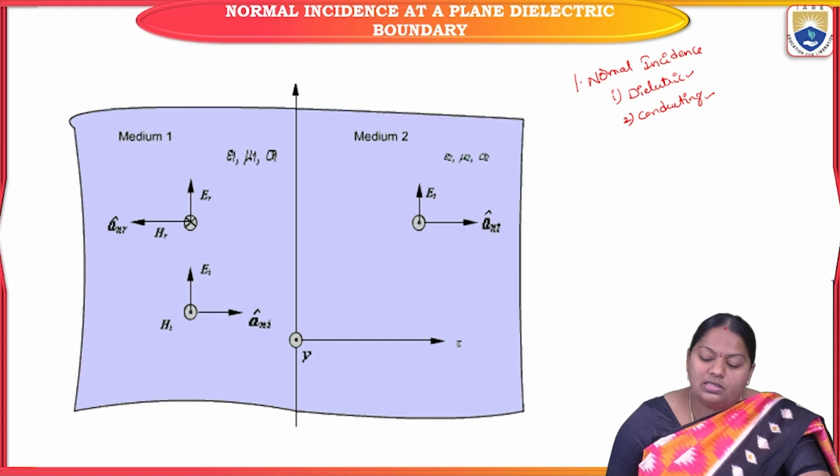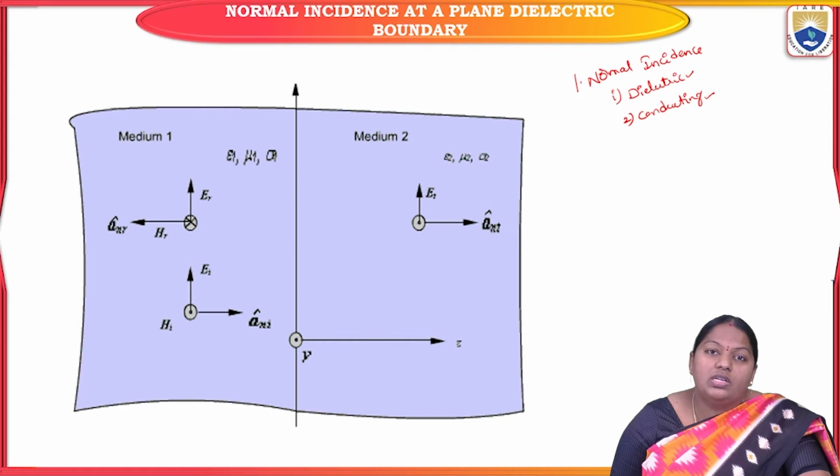Before discussing the conducting medium, firstly we are going to learn about normal incidence at a plane dielectric boundary, right? Types of incidence are of two types, normal and oblique.